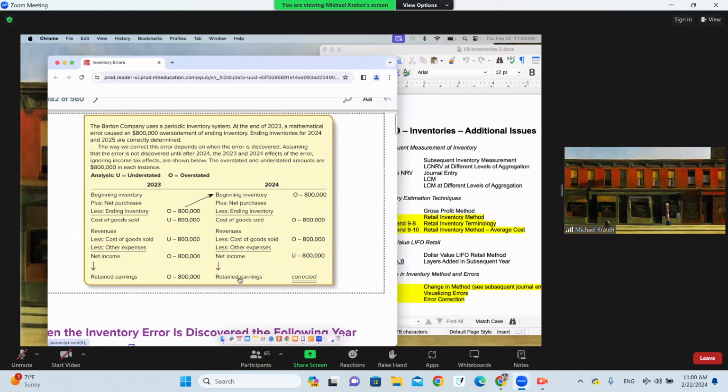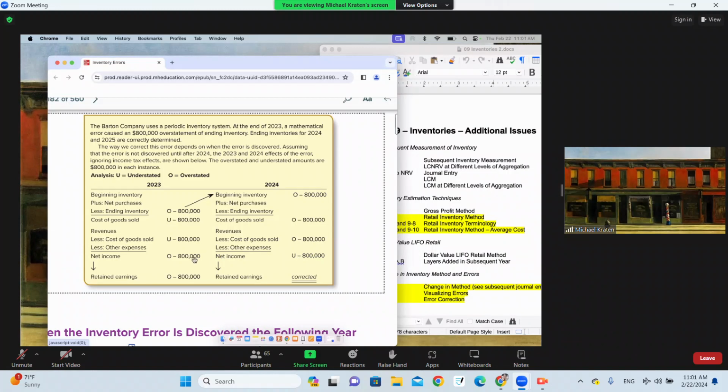And at the end of the year, when you sweep this year's net income into retained earnings, your bookkeeper says, oh, well, isn't that interesting? Last year, we overstated net income and retained earnings by 800. This year, you're understating net income and thus retained earnings by 800.